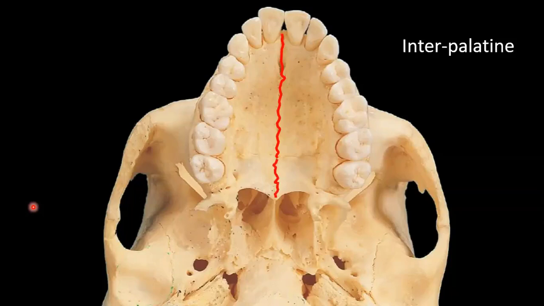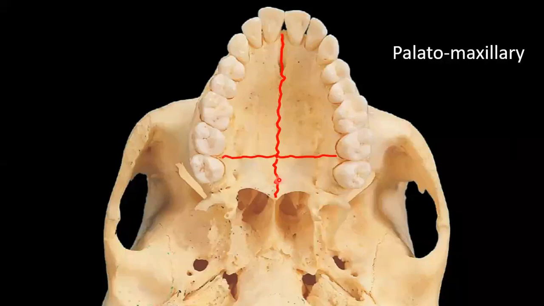Right, so this is the longitudinal median suture composed of anterior 2/3 intermaxillary and posterior 1/3 interpalatine. And then we have the palatomaxillary suture. So what are they together known as? Cruciform. Cruciform suture. Okay, so that much is very simple.